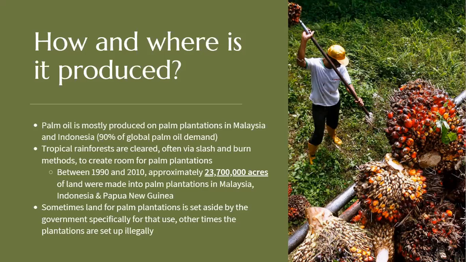palm oil, the way that they do it is they slash and burn a rainforest most of the time. They have to completely clear the rainforest, and then they have room to create the plantation, which takes up a lot of space because they need a tree in order to make it. Between 1990 and 2010, as you can see, millions of acres of land were made into palm plantations in Southeast Asia.